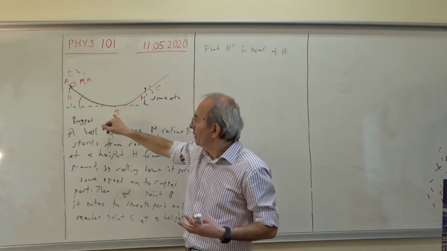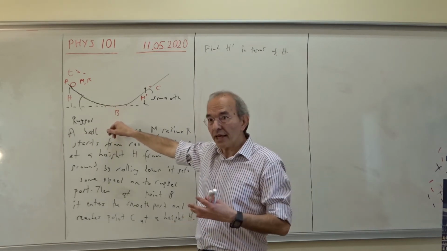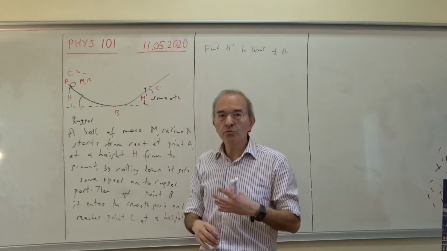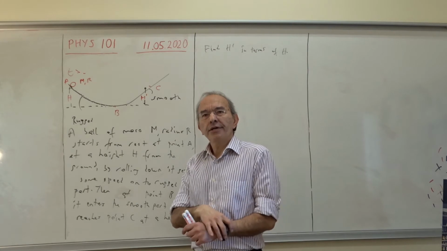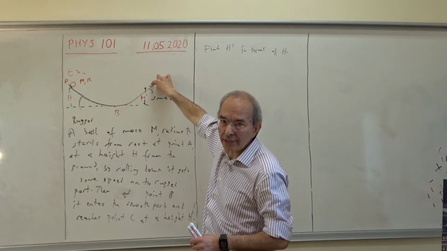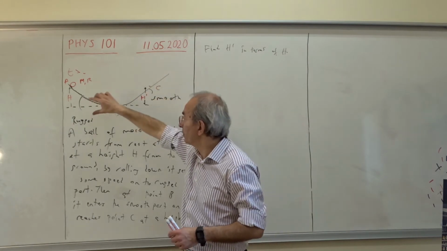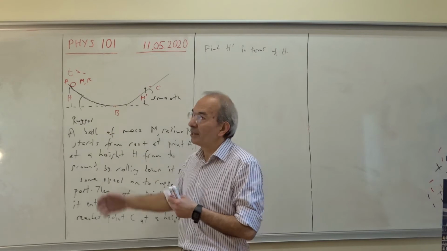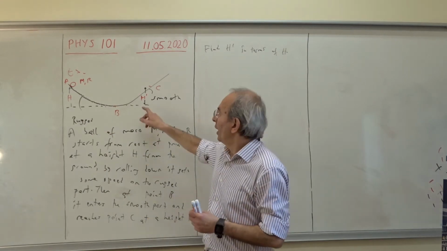It reaches point B. But after that, since it is moving on a smooth part, it reaches the new maximum height, point C, at a possibly different height, h prime, and h prime is expected to be less than h.